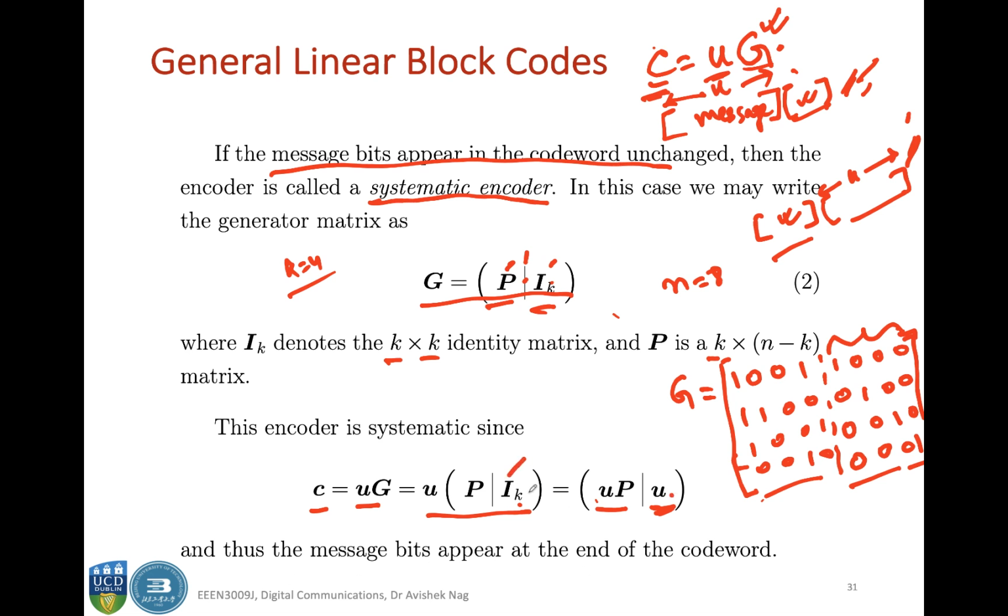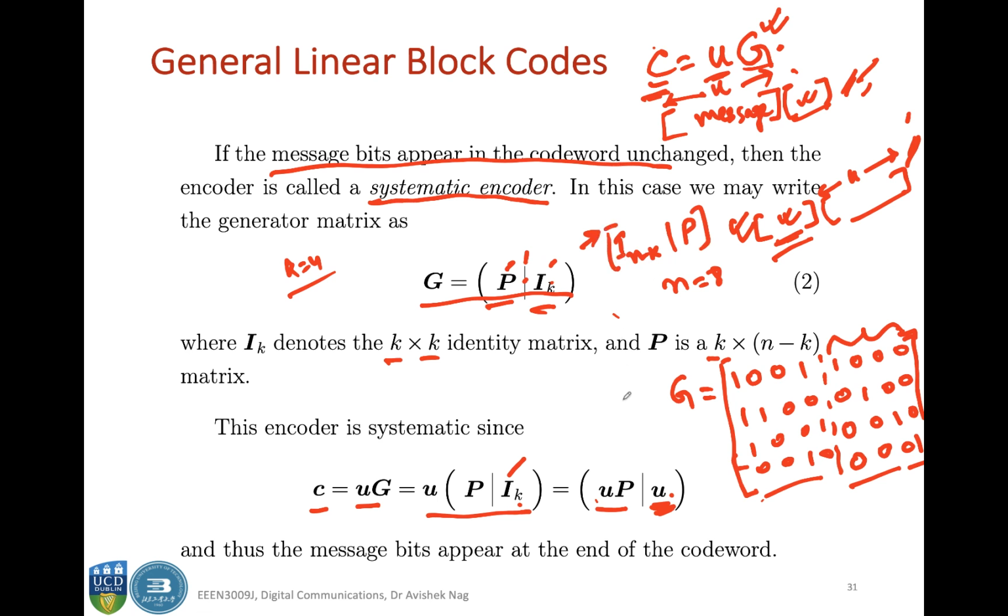So this shows that the message bits appear at the end of the code word. Okay, so in this example that we just discussed, you have the check bits first and then the message bits. You can also write this matrix as [I_(n minus k) times P], okay.